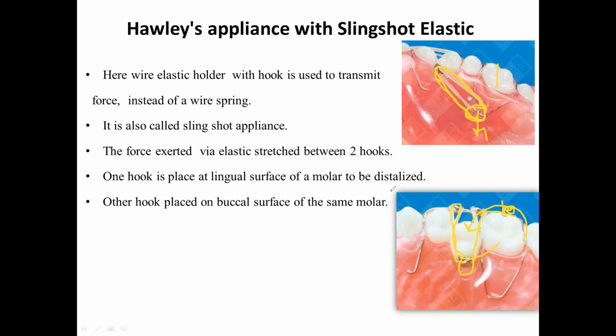That means the elastic is applied on the same molar on both sides in order to prevent this molar from drifting into the empty space where our premolar is supposed to erupt.